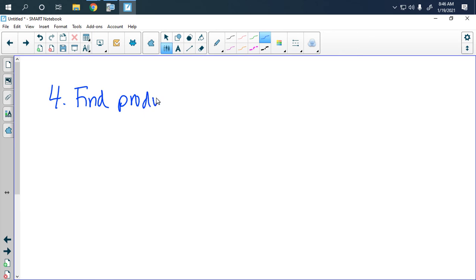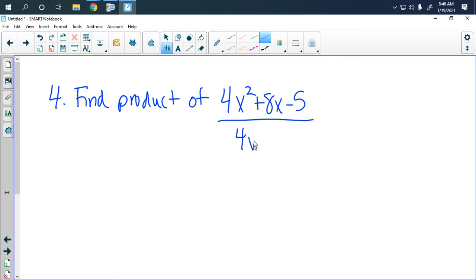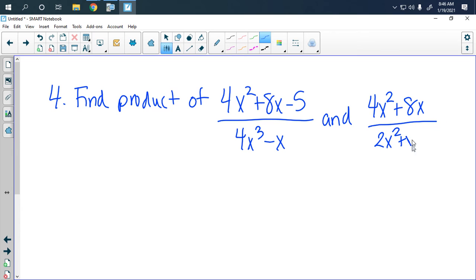Find the product of 4x squared plus 8x minus 5 over 4x to the third minus x, and 4x squared plus 8x over 2x squared plus x minus 10, expressed in simplest form.